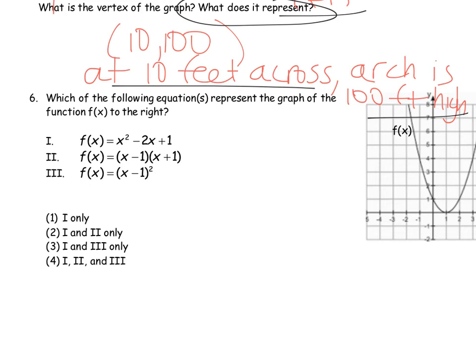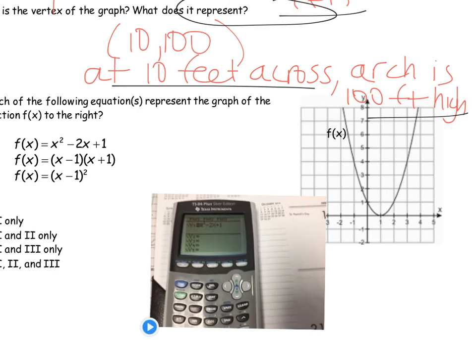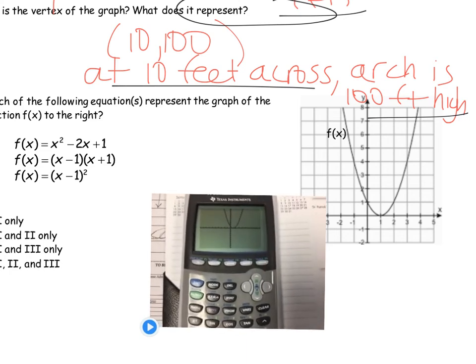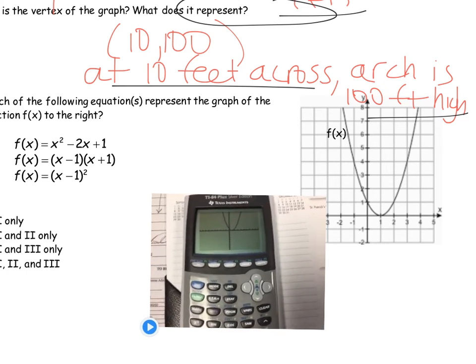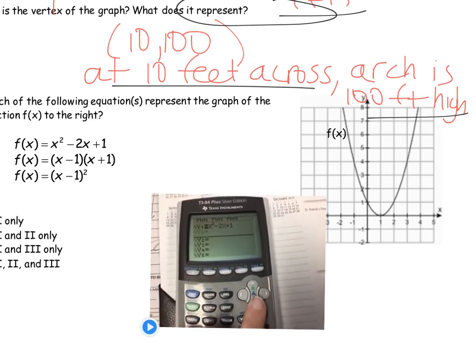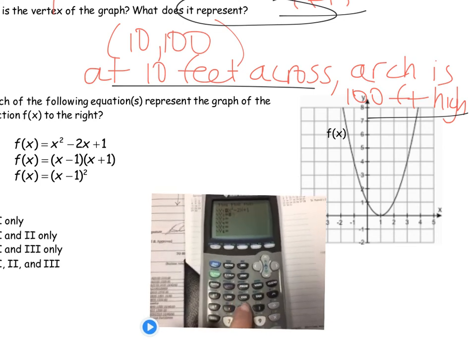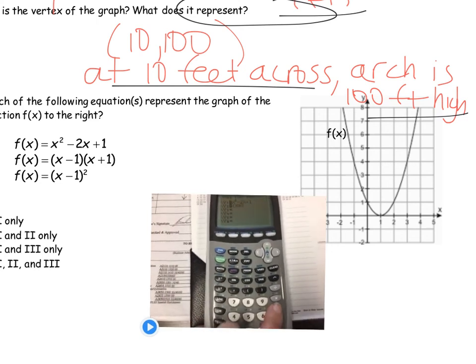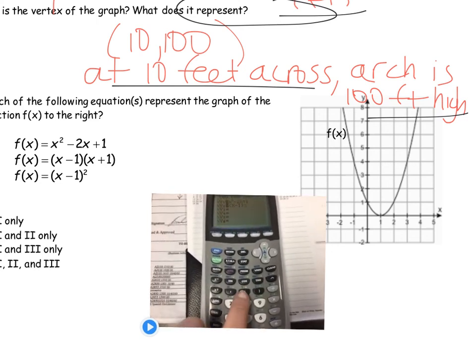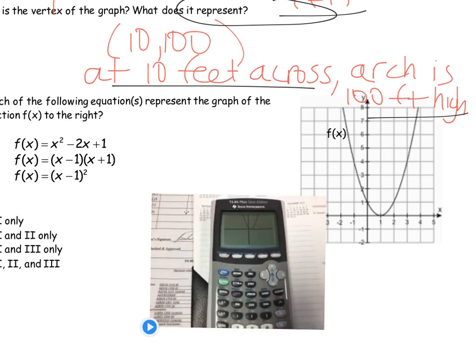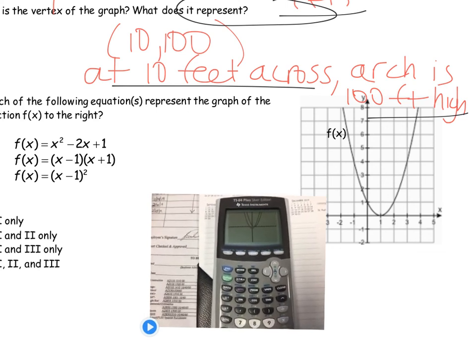All right, last one. Which of the following equations represents the graph of the function to the right? Okay, so that's the graph of the function. I'm going to start with the first one, put it in the calculator. So this is the graph of the first one. Do they look the same? Yes, they do. All right, let's try to graph the second one now. It's going to be x minus 1 times x plus 1. Let's graph the second one. Oh, second one doesn't work.